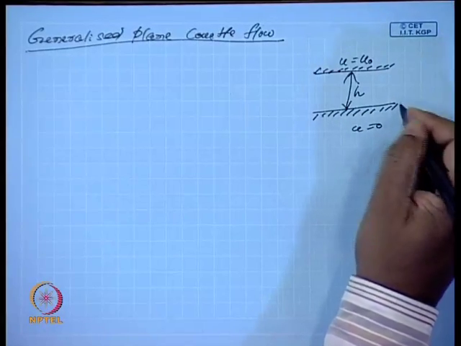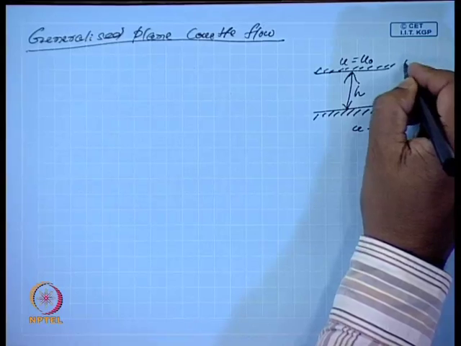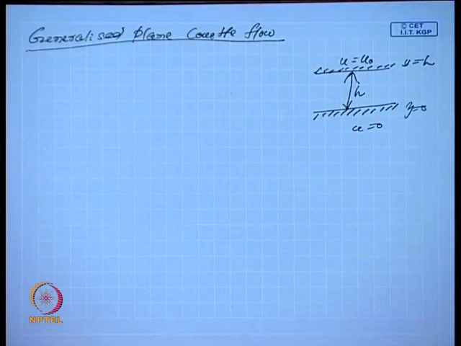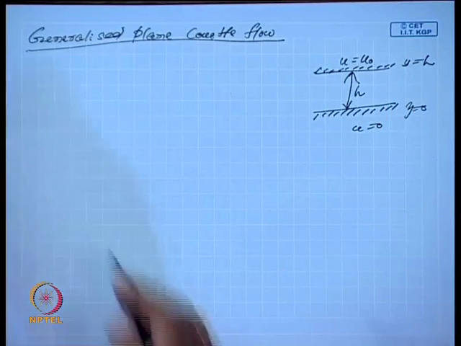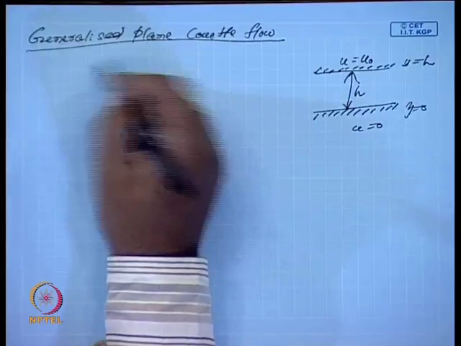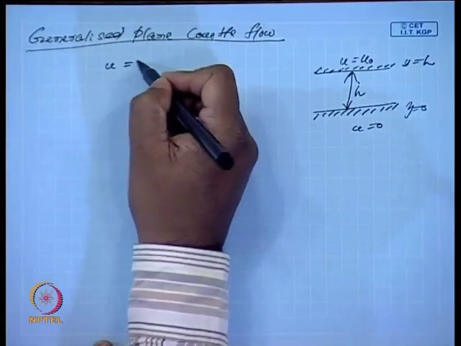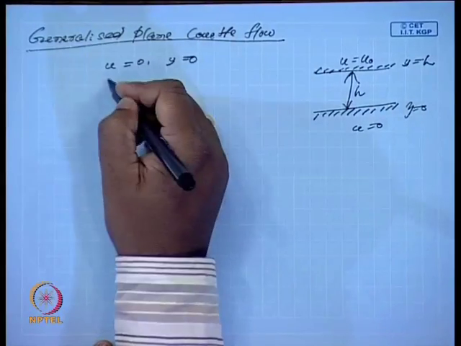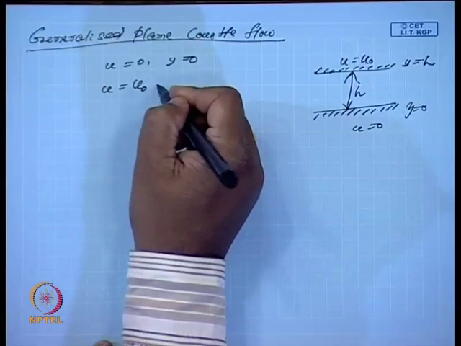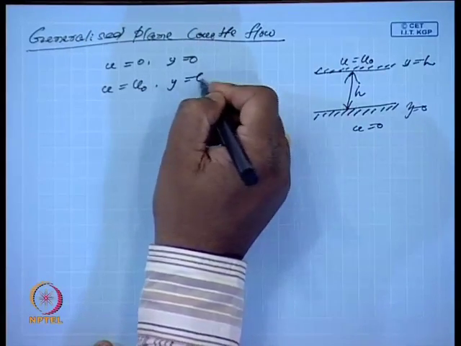So u is equal to 0 at y is equal to 0, and u is equal to u naught at y is equal to h.